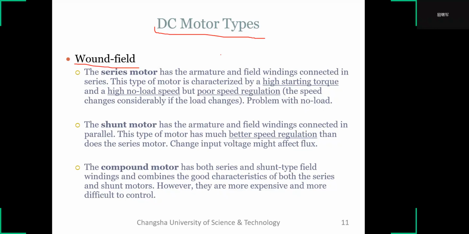This type of motor is characterized by a high starting torque and a high no-load speed, but poor speed regulation. The speed changes considerably if the load changes.